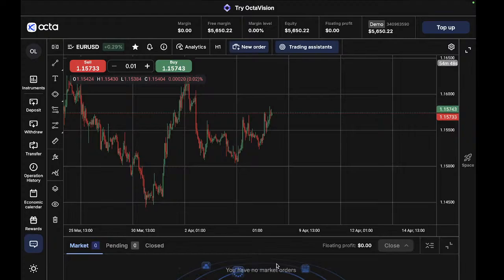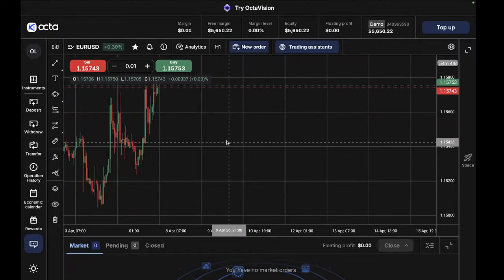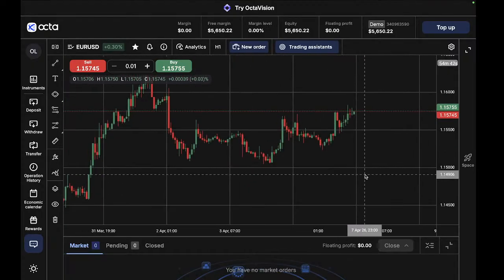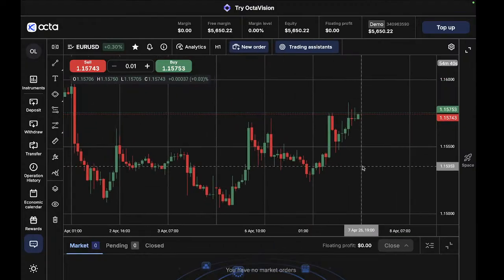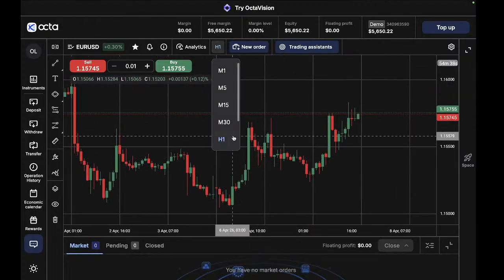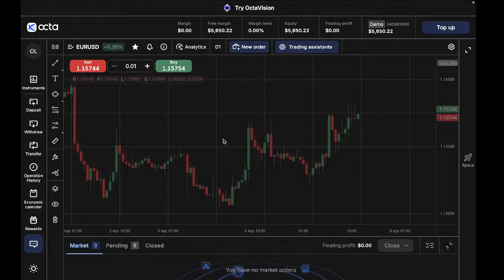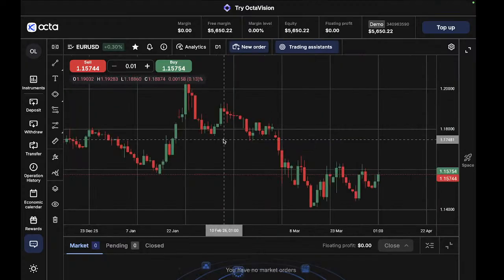So we're going to zoom it in. Let's go down to the daily time frame. Now, our strategy, we are going from top to bottom. All right, we're going from top to bottom.